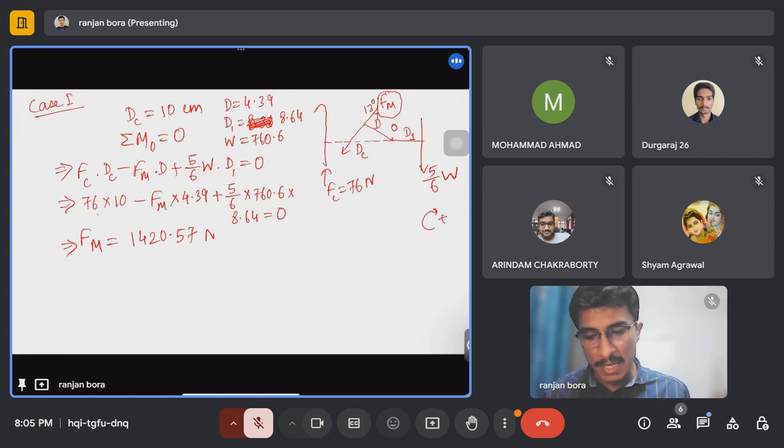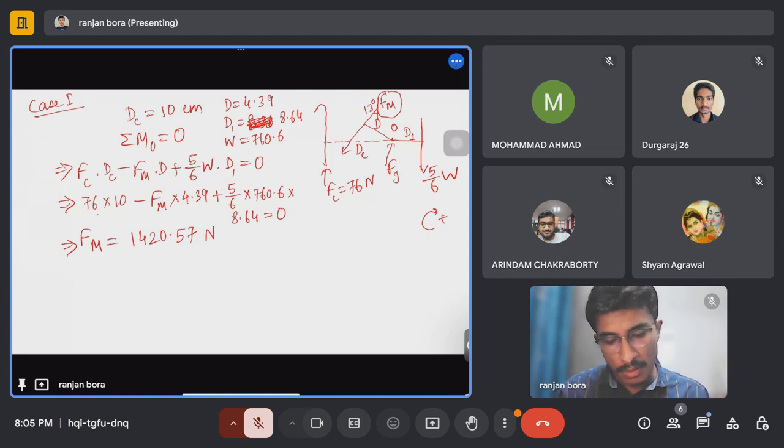After knowing Fm, now we'll find out Fj, which is the joint reaction force. How will we find out Fj? For this, there are two methods. I have explained in my previous video.